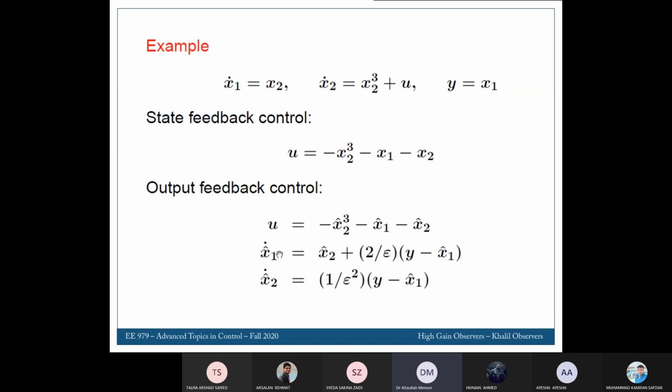If we have two equations, then it will be alpha 1 over epsilon. The second equation will have alpha 2 over epsilon square. The third equation will be alpha 3 over epsilon cube. The fourth equation will be alpha 4 over epsilon to the power 4, and so on. Choose the value of epsilon. You can arbitrarily choose these alphas, for example alpha 1 equal to 2, alpha 2 anything which is a positive number, that will work, and you can check the performance through simulation.